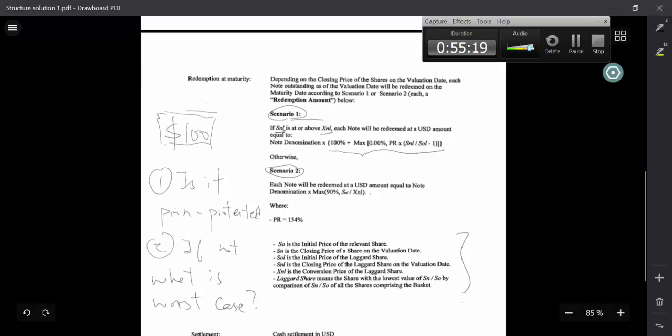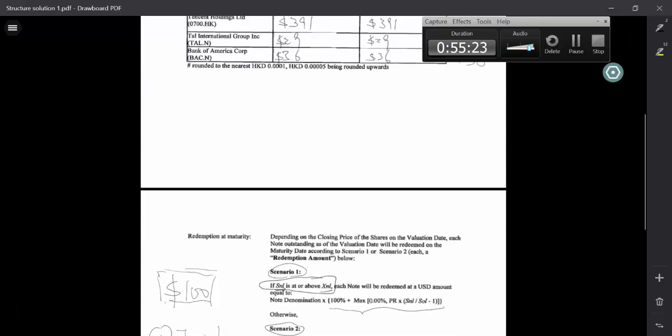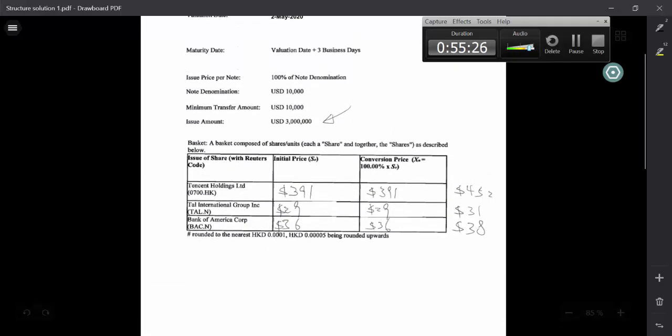This statement means you take a look at these stocks and you pick out the one which has performed the worst. Now notice, on purpose, all of them have gone up here. I did that on purpose. All of them have gone up, but some of them have gone up more than others. So let's say this is 37.